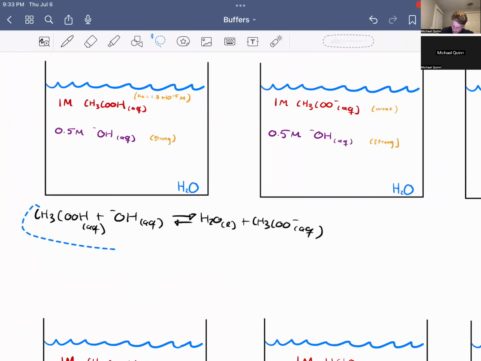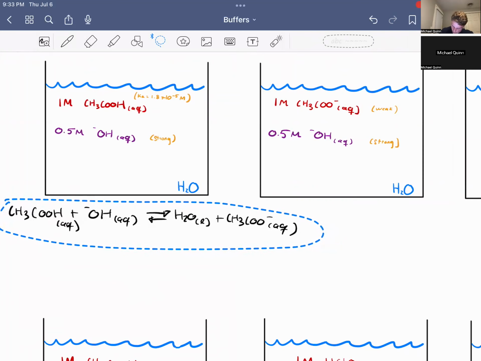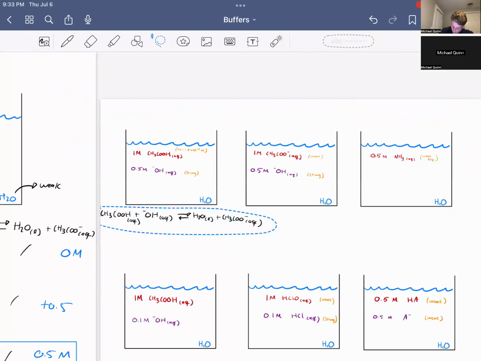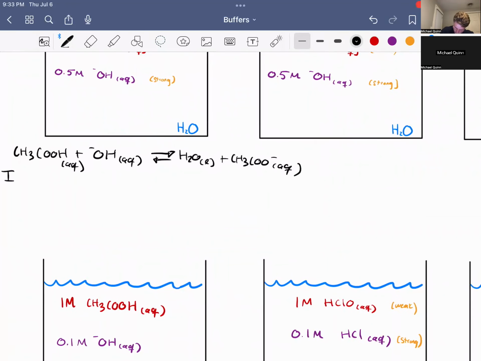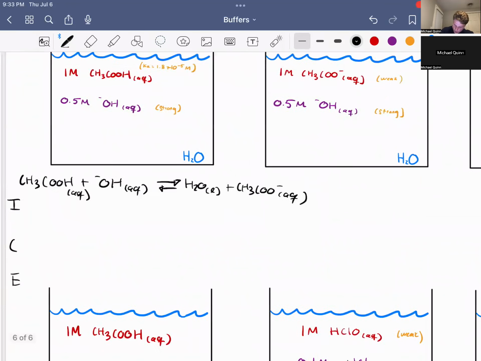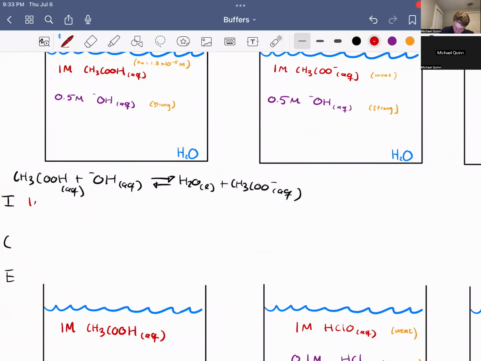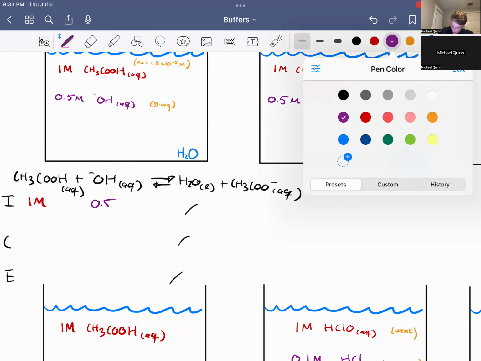So this will be our ice table. To start off with, we have 1 molar, we have 0.5 molar, we don't include water, and we have 0 molar to start off with.